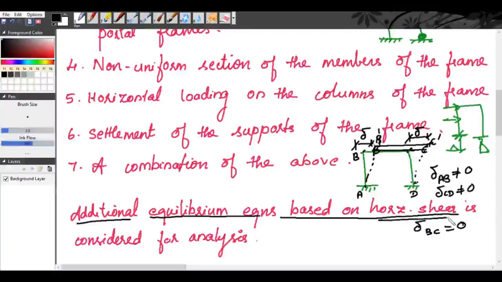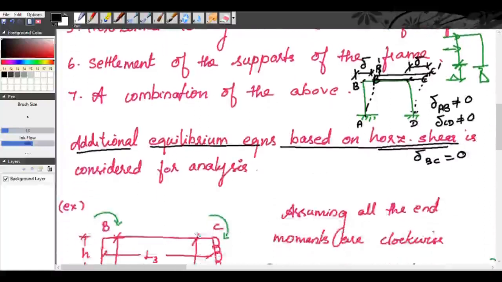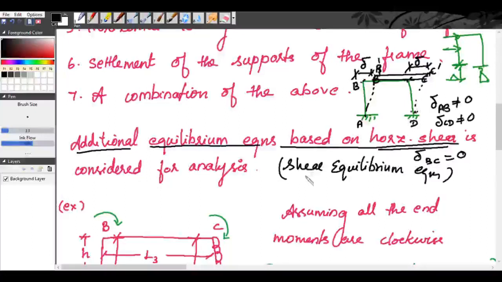So you call these shear equilibrium equations. So in addition to our slope deflection equations and joint equilibrium equations, you need shear equilibrium equations also to completely analyze our problem.